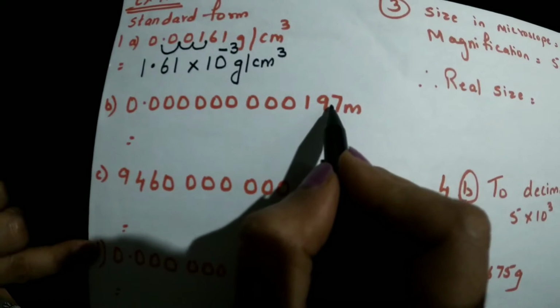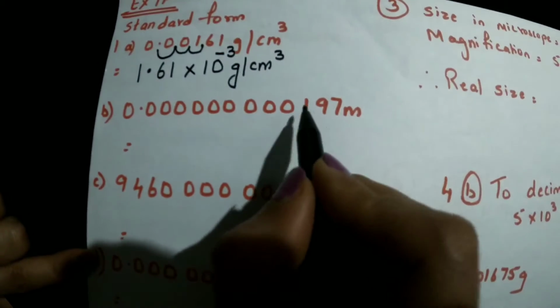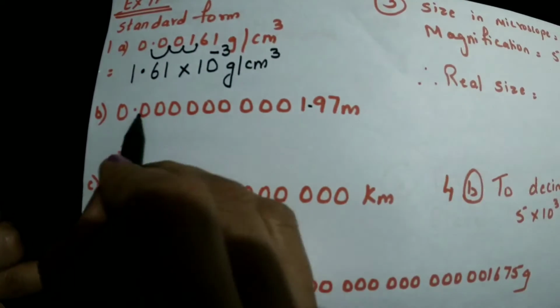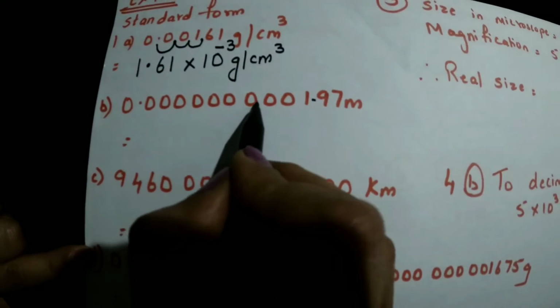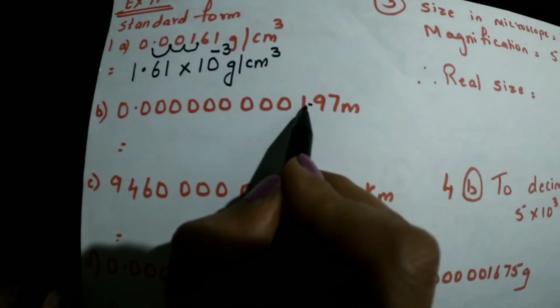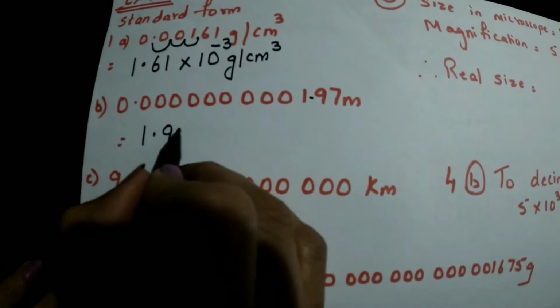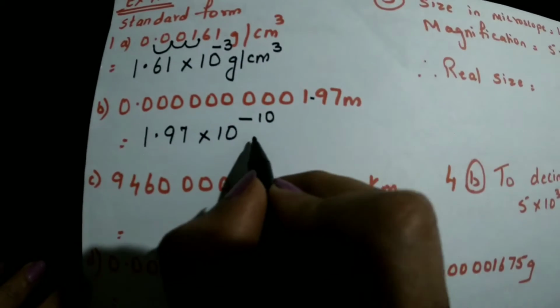So always you need to take care that your number is between 1 and 10. So I have to bring my decimal here. So again 1, 2, 3, 4, 5, 6, 7, 8, 9 and 10. So my answer would be 1.97 into 10 raised to minus 10 meters.